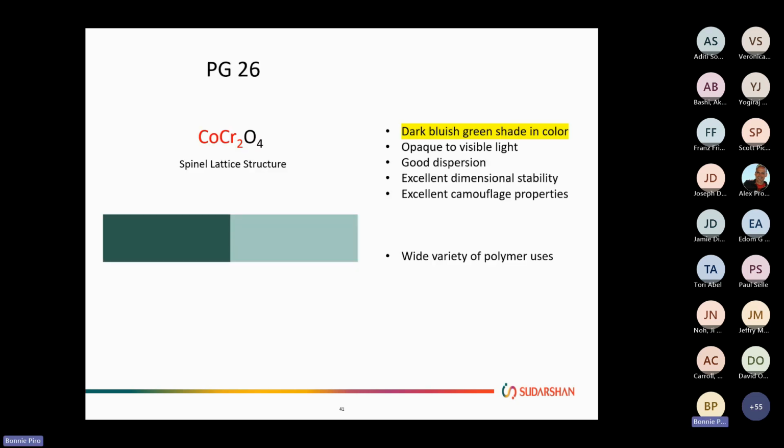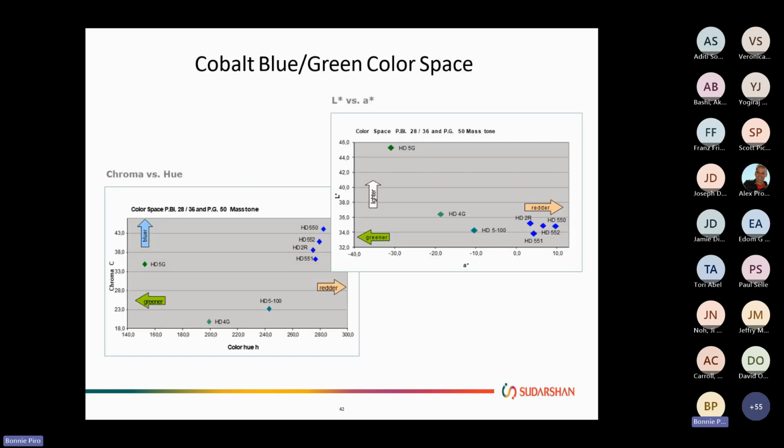Green 26, this is a combination of cobalt and chromium. This shifts in color to the blue side of the green space. Give you a feel for where in color space the blues and greens fit, so that you get a better idea of choices that you have.